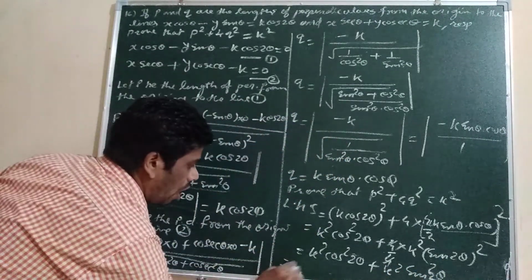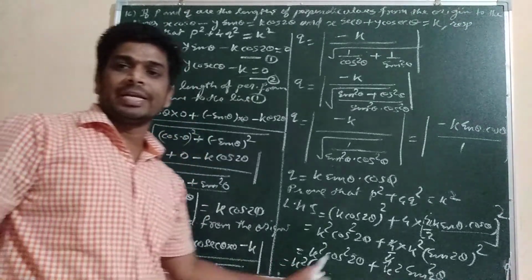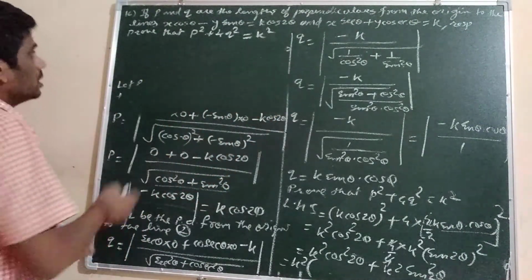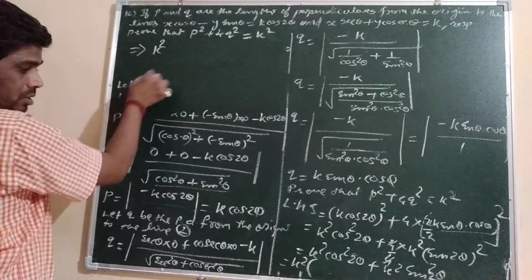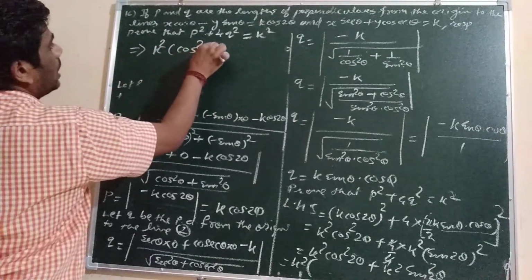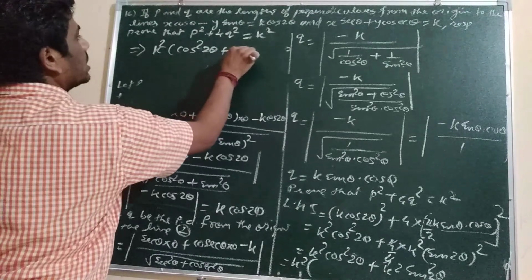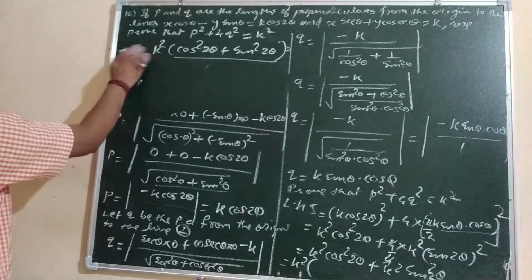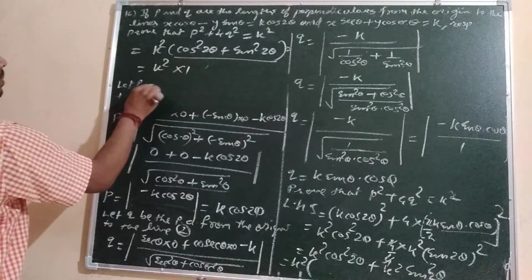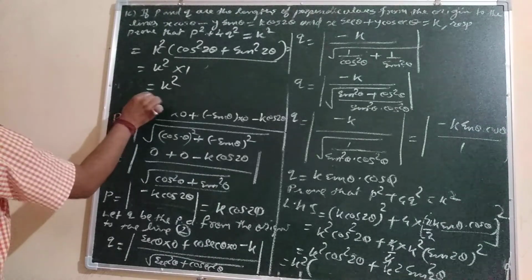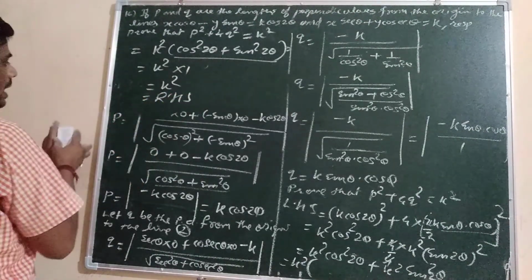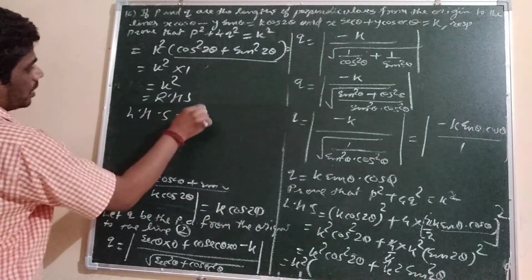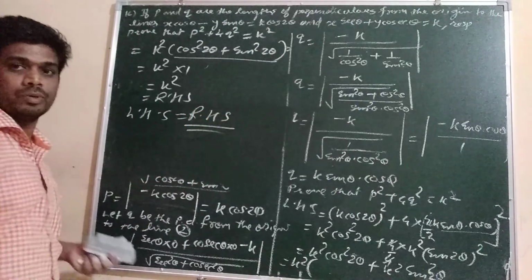Taking k square common, we get k square into cos square 2 theta plus sin square 2 theta, and that is 1. So k square into 1 is k square only, and that is the RHS. So LHS is equal to RHS. That is true. Okay, so let's see the next one.